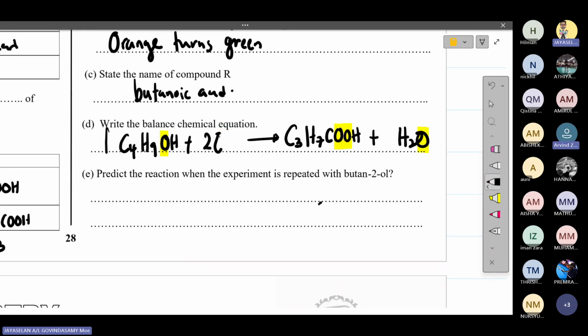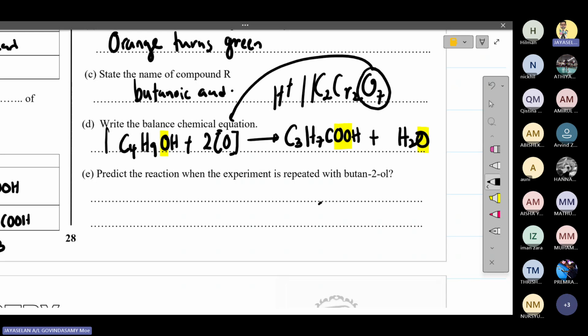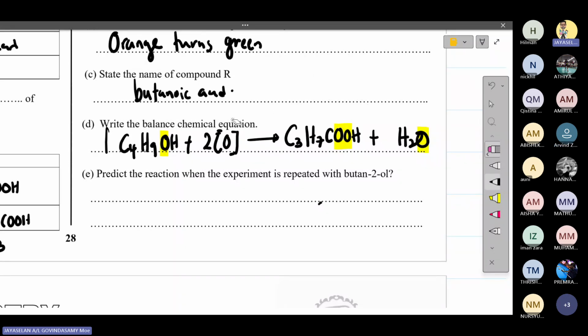This is the symbol for oxidation, you must put the symbol. Where do you get this from? From here, from Cr2O7. It takes 2 oxygen from here. That's why the orange compound turns green. It supplies oxygen. You all put the acidified potassium dichromate(VI).